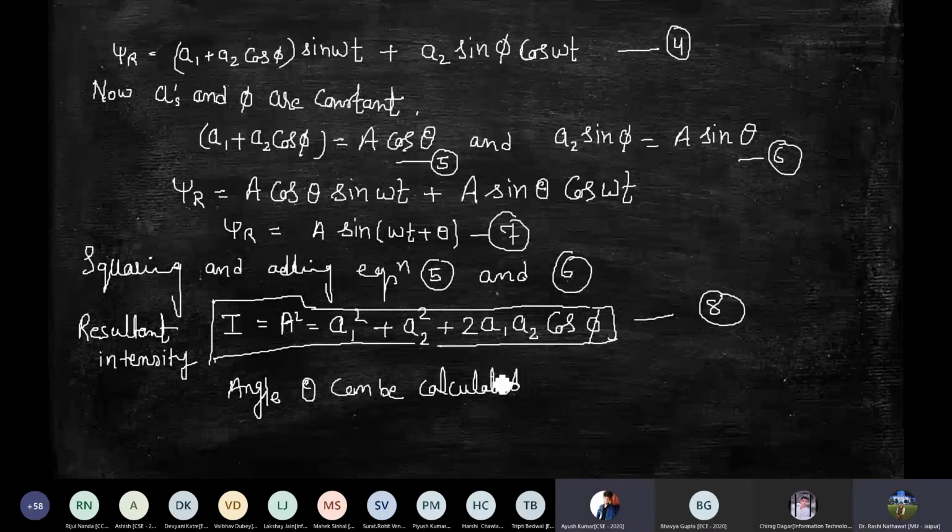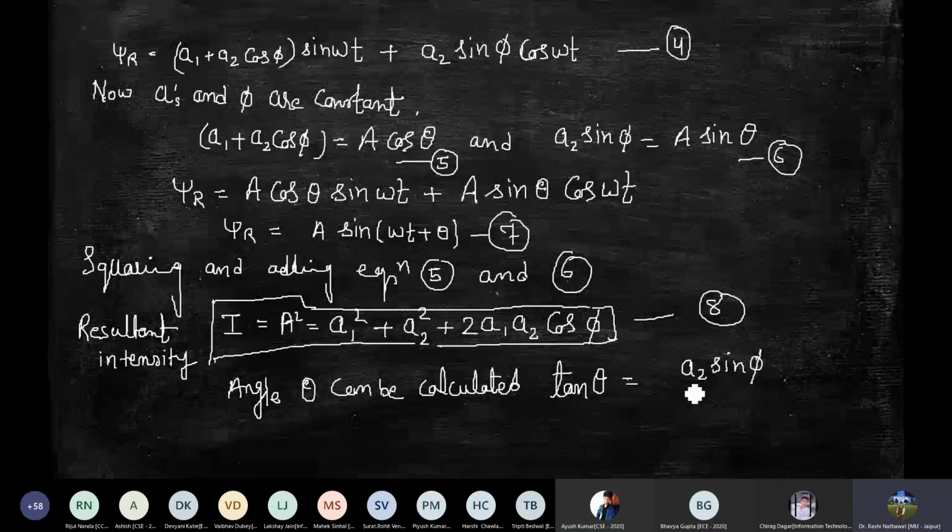Anyone? By dividing 6 by 5, A2 sin theta by A1 plus A2 cos theta. Yes, tan theta is equal to A2 sin phi by A1 plus A2 cos phi. Exactly.